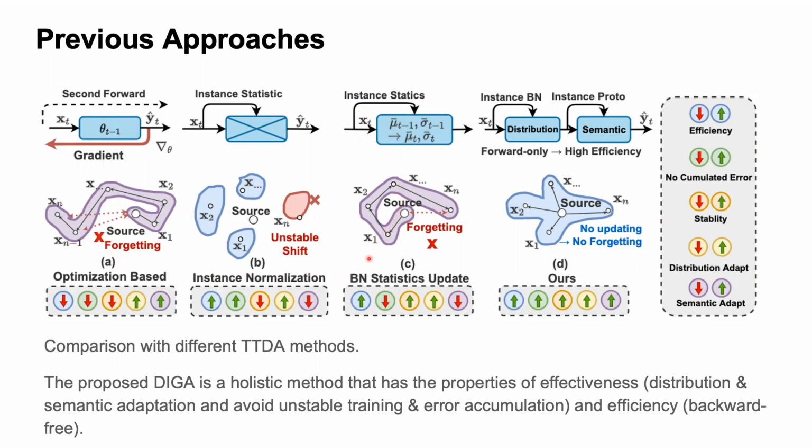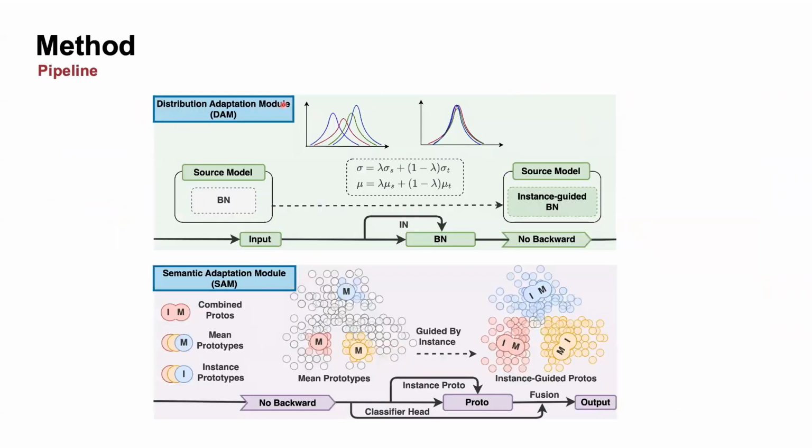They have some problems: they will experience forgetting, they will suffer from unstable shift or instance, and also have issues with efficiency and stability. But our method is not updating based, and also we consider both instance and global information. We have two modules. The first one is the distribution adaptation module.